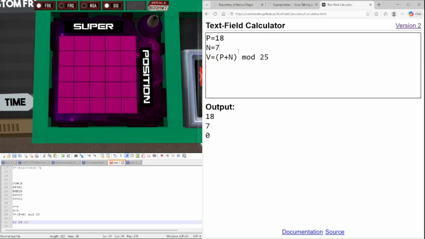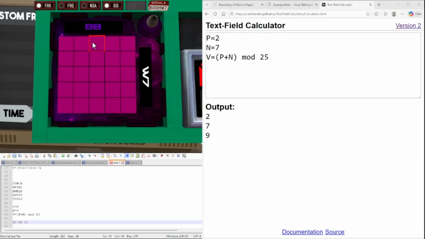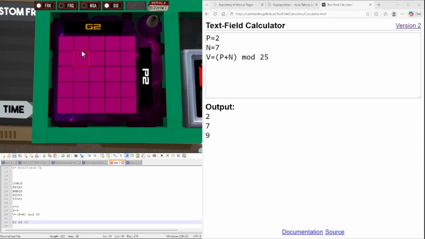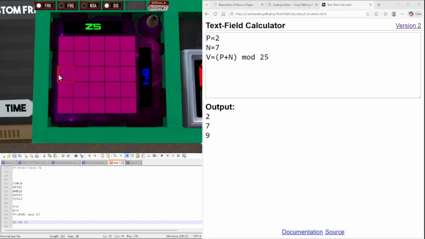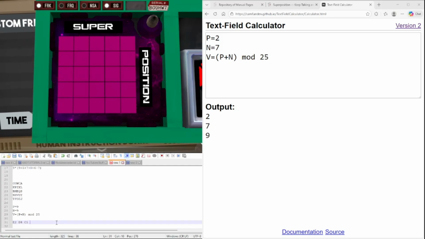That's going to be N is 7, 2, 9, which is 1, 2, 3, 4, 5, 6, 7, 8, 9. We've already done that one, so it's going to be the next one, so A3.